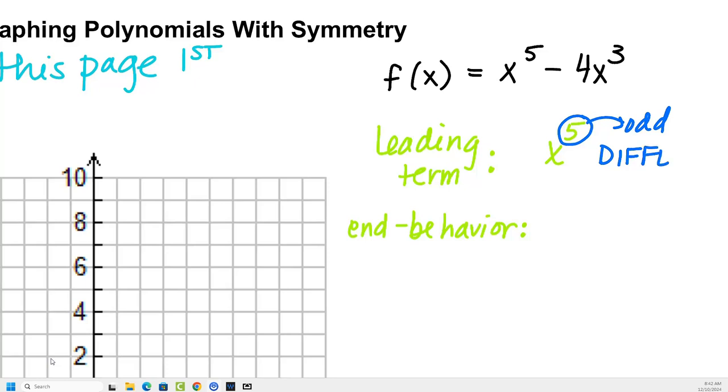That the arrows will go in different directions, right? And the fact that it's positive tells me that the second arrow is up. So if the second arrow is up and they go in different directions, the first arrow is down.